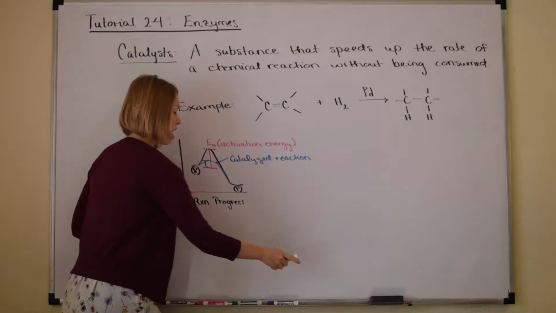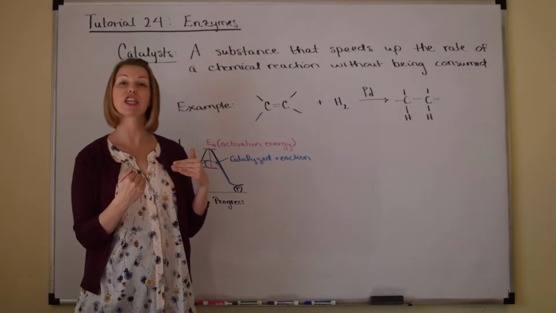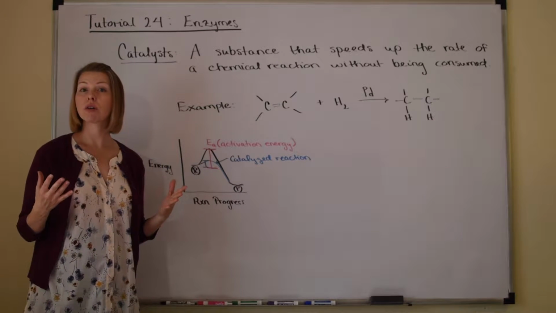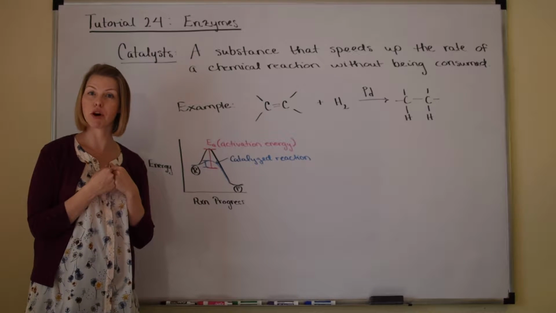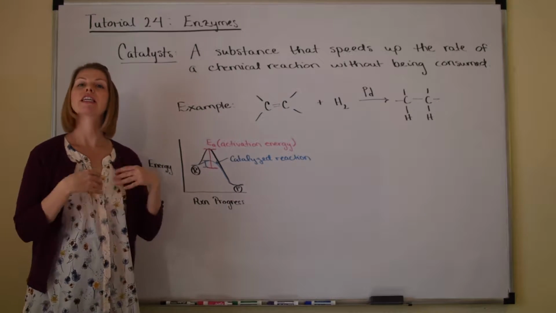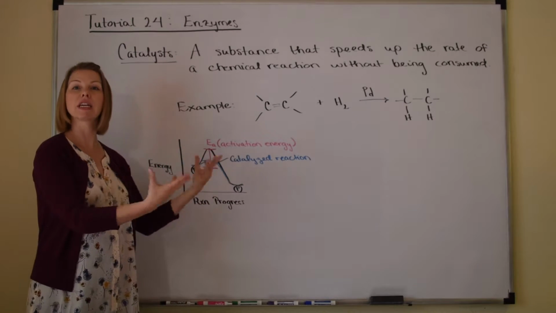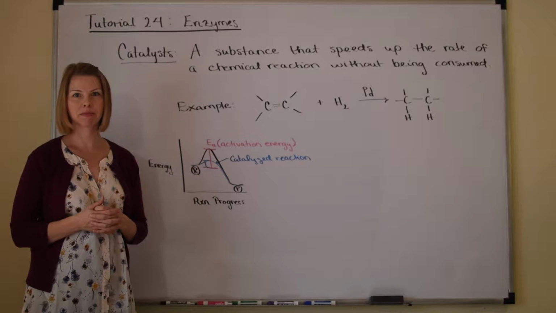So again, a catalyst works by lowering that activation energy barrier for a reaction so that now even more gentle collisions between reactant particles can possess enough energy to get over the activation energy barrier, which is now lower, and the reaction will then proceed at a faster rate.